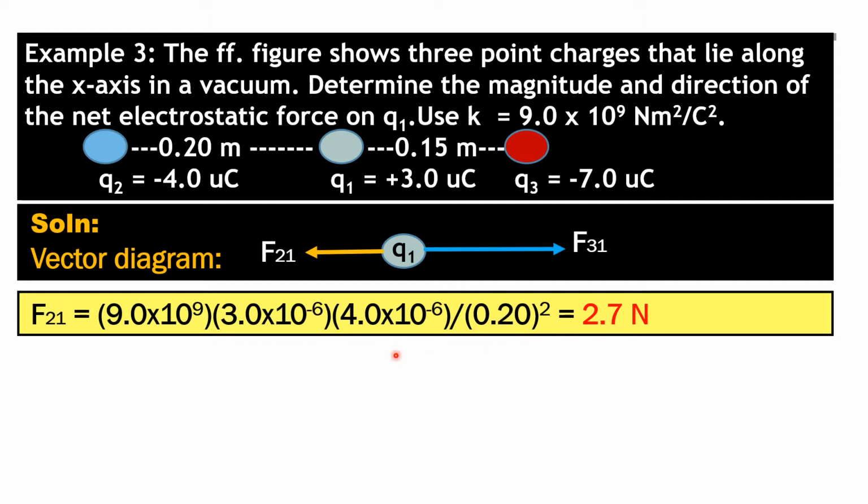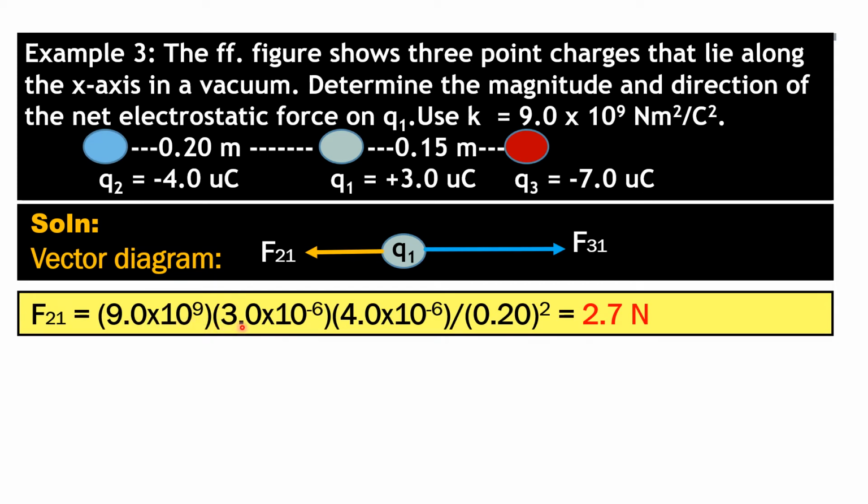Then substituting, we have, doing away with the units first for simplicity. After all, we are expecting the unit of the force to be in newtons. So that gives us 9.0 times 10 to the 9. That's the value for K.